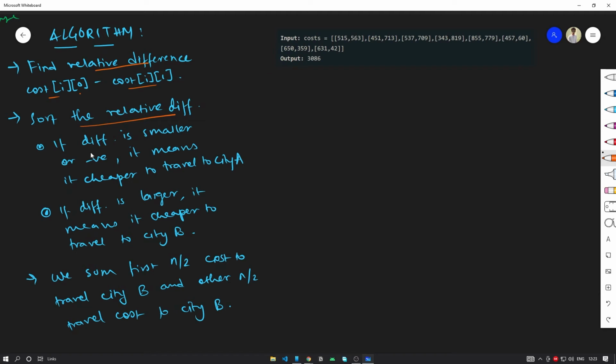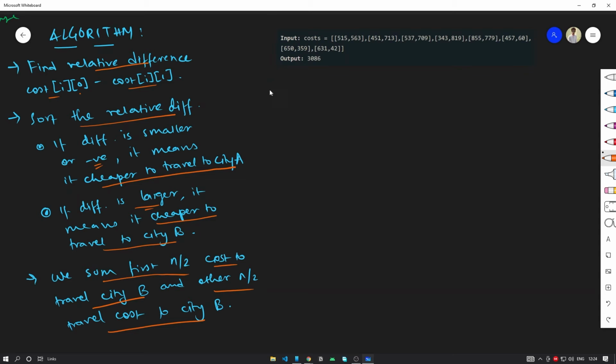If any ith difference is smaller or negative, it means that it will be cheaper to travel to city A. But if any ith difference is larger, it simply means that it would be cheaper to travel to city B. So at the end, we will greedily sum the first n by 2 costs to travel to city A and the next n by 2 travel costs to city B. That will be our result.